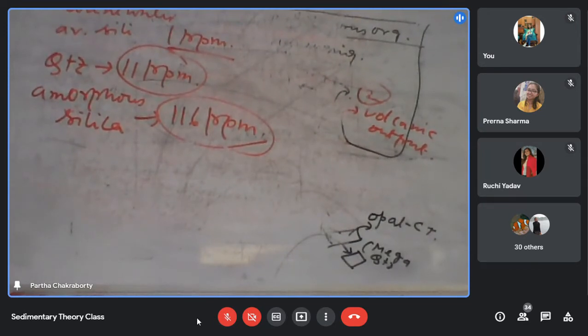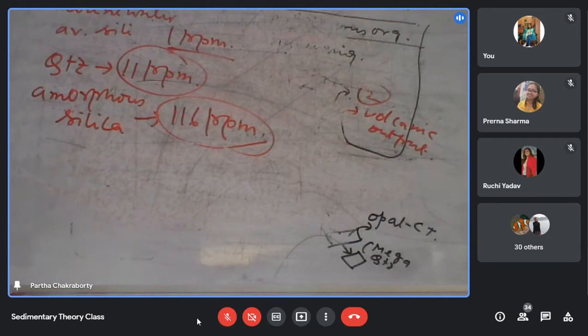That is by these organisms which are making their tests by silica. I have already discussed them: the diatom, radiolaria, the siliceous spicules. They are actually scavenging silica from the ocean water, making the ocean water undersaturated with respect to silica.